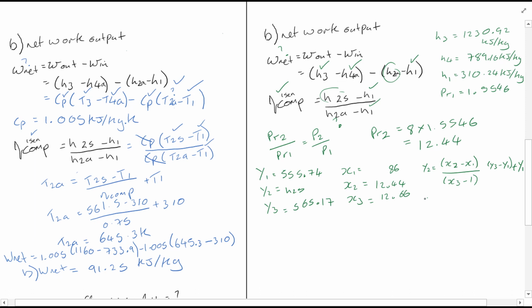And that will give you a value of H2S equal to 562.58 kilojoules per kg. Then of course you can rearrange this equation here to find H2A.